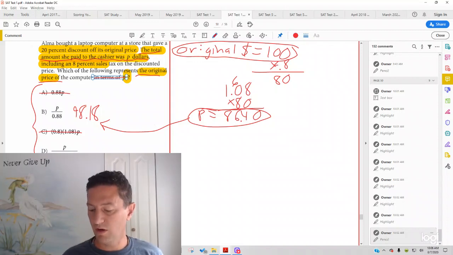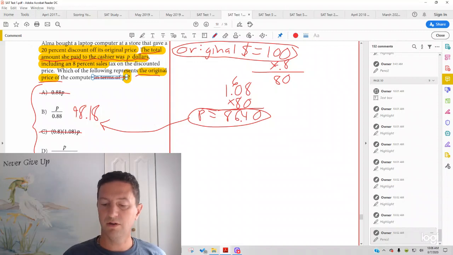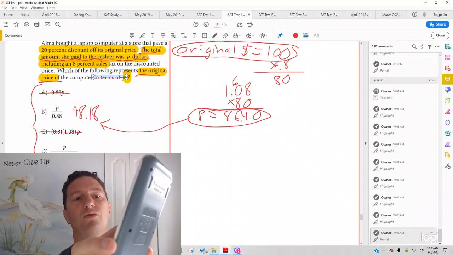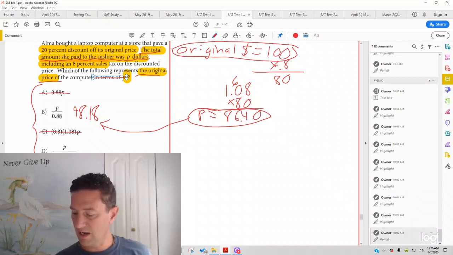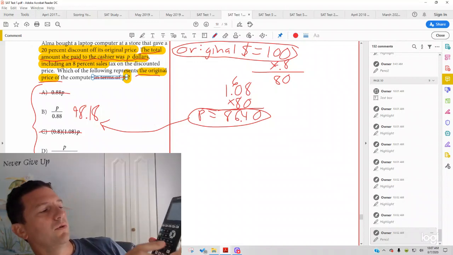There's one button that I want to show you guys here, which is the N over D button. It's right on the face of the calculator for the TI-34. And for the TI-84, it's a little more complicated. You got to go looking for it a little bit.